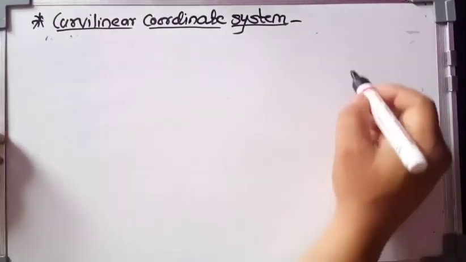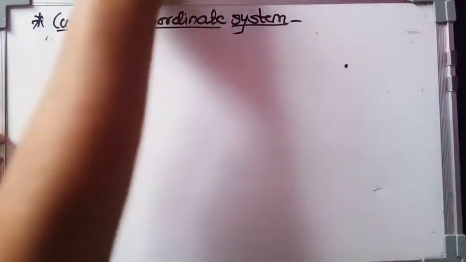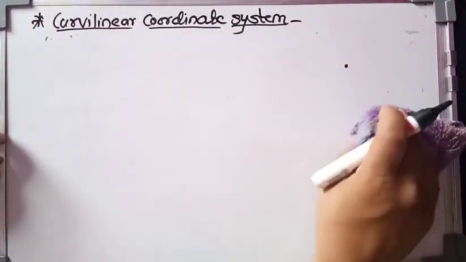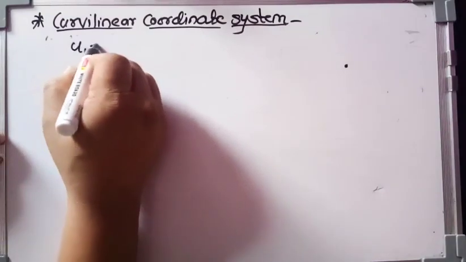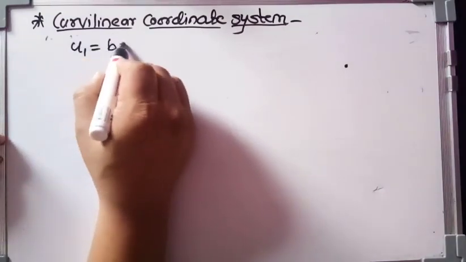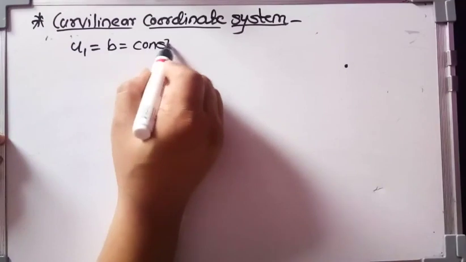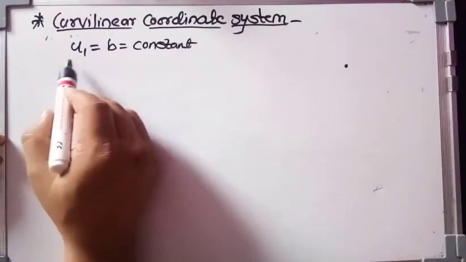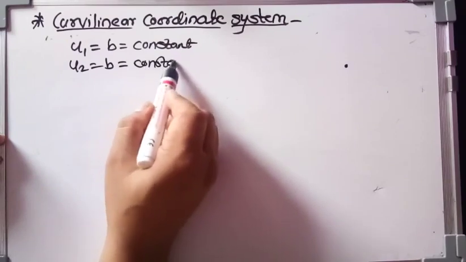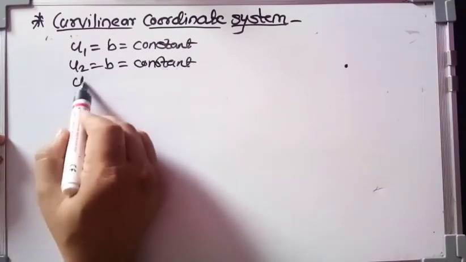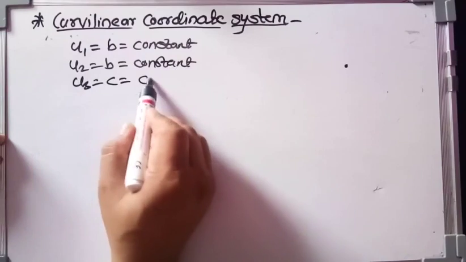For each point P in curvilinear coordinate system, the surfaces pass through that common point P, and these equations can be written as u1 equal to a constant, u2 equal to b constant, u3 equal to c constant.